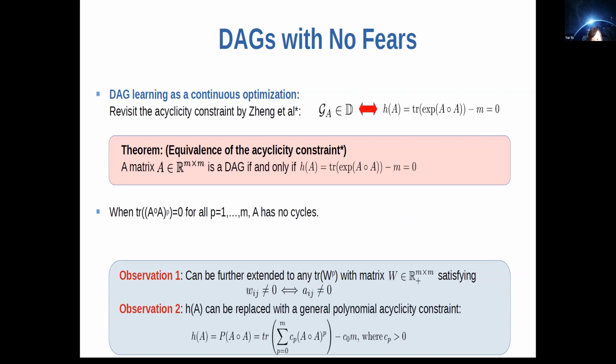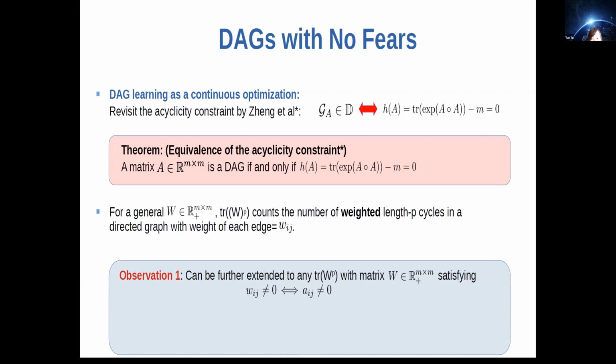That is the first thing we try to do. We can take any matrix that is related to A, whose value is non-zero if and only if the original Aij is non-zero, and it will do the same job.